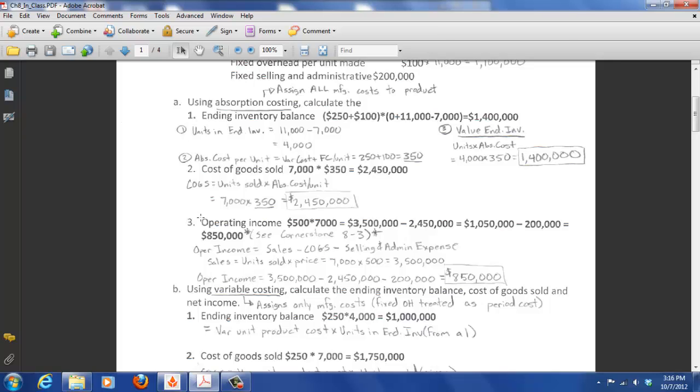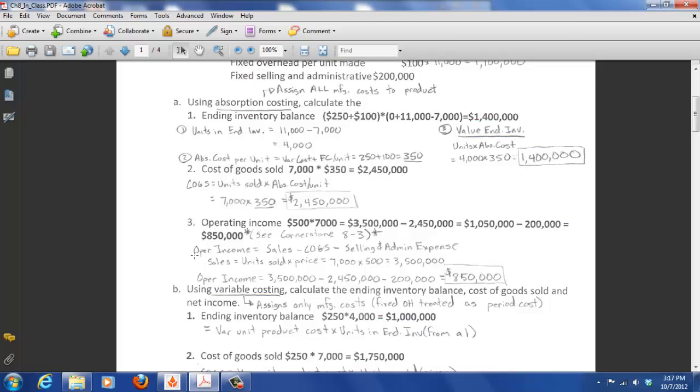Next up, we'll take a look at the operating income. If you'd like a more detailed, nicely laid out example, you can see Cornerstone 8-3 in the textbook chapter. It may provide a nicer layout compared to the handwritten solution here.